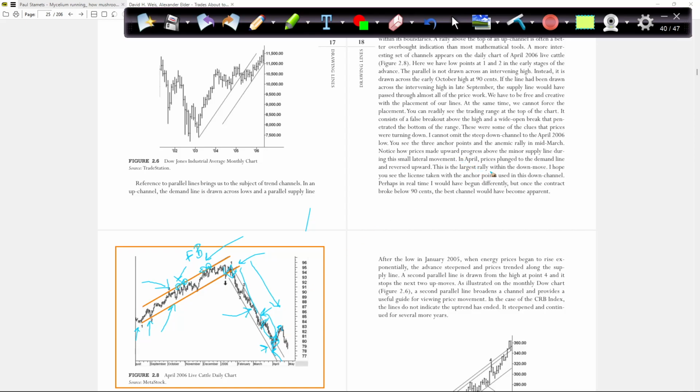This is the largest rally within the down move. I hope you see the license taken with the anchor points used in this down channel. Perhaps in real time I would have begun differently, but once the contract broke below 90 cents, the best channel would have become apparent.